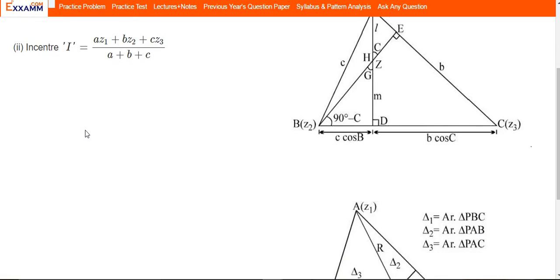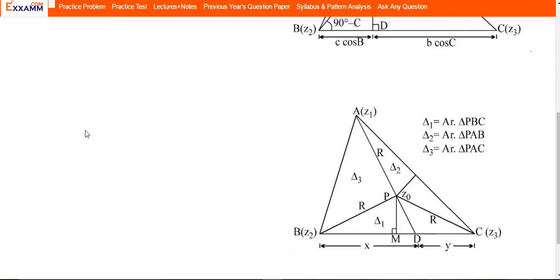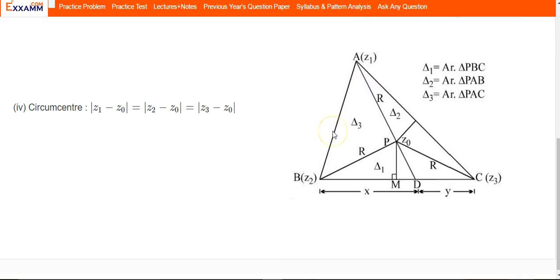Now what is the coordinate of the circumcenter? The circumcenter is a point which is equidistant from the three vertices of the triangle. Now if Z0 is the circumcenter, then modulus of Z0 minus Z1 is equal to modulus of Z0 minus Z2 is equal to modulus of Z0 minus Z3.